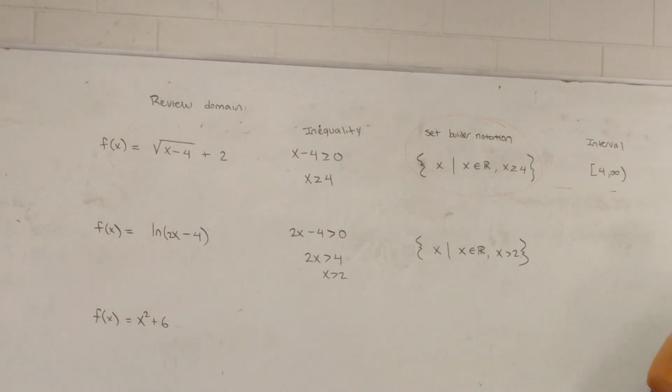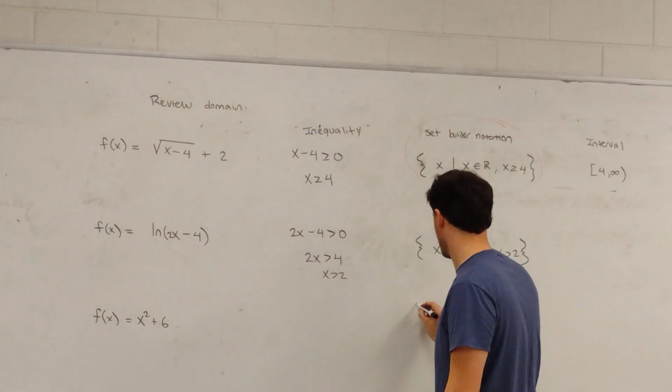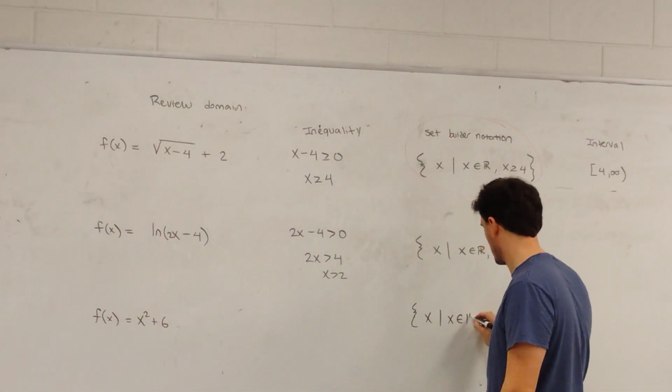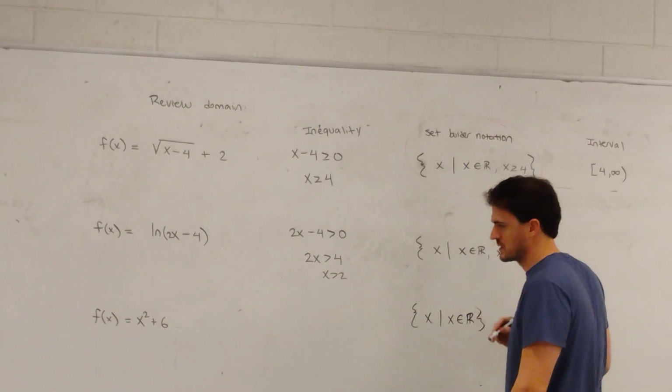What do we think for the last one? Yeah, I have no issues there. And if that's true, we can say all values of x such that x is a real number.